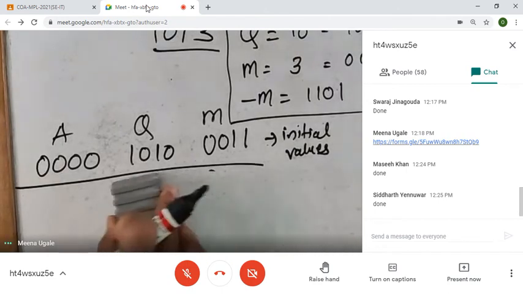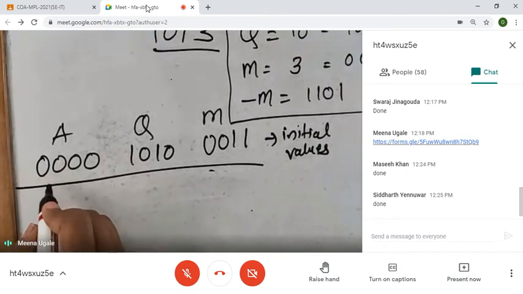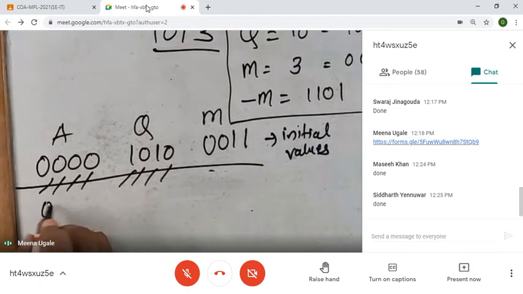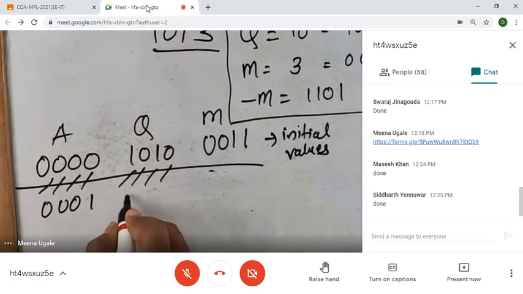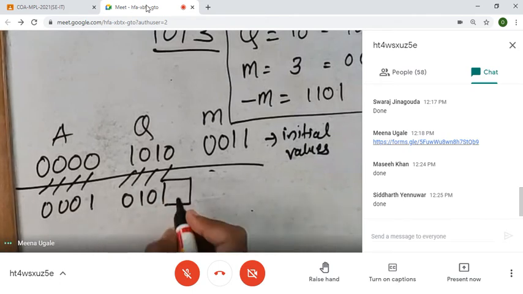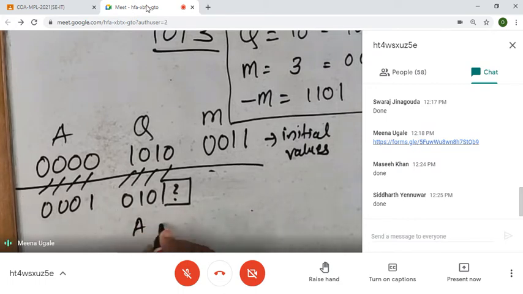I'll just clean this and I'll left shift these values. 0, 0, 0, 1, 0, 1, 0, and this is my block for question mark. Got it? First left shift we did, and then we will go for A equal to A minus M.